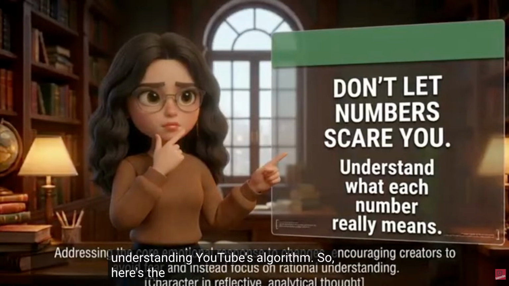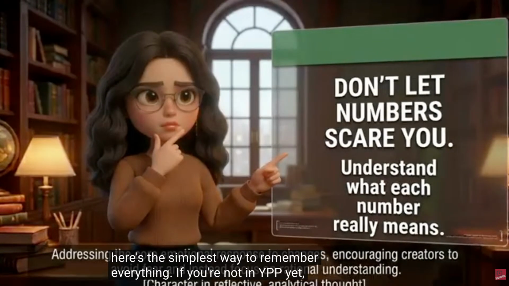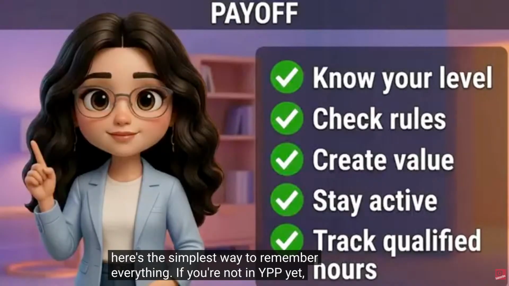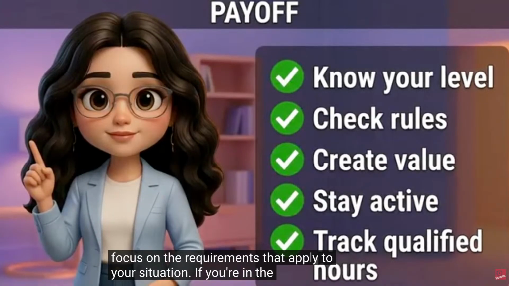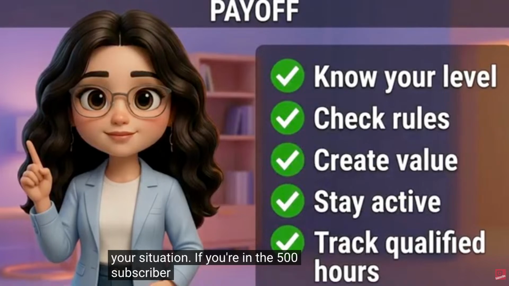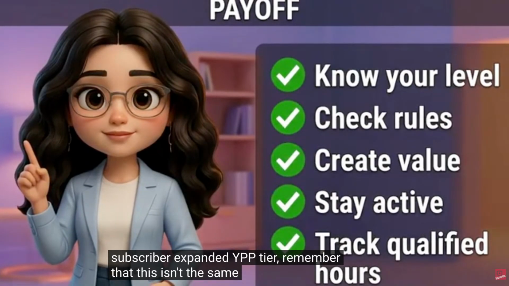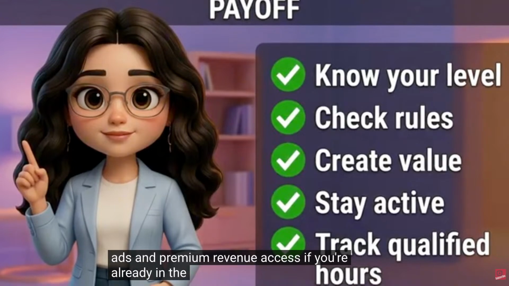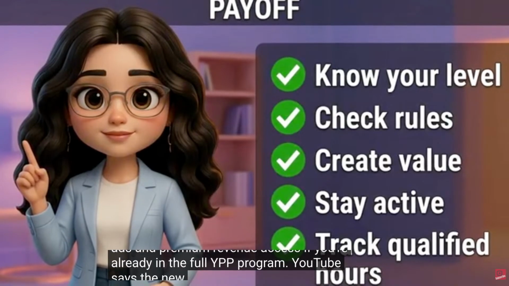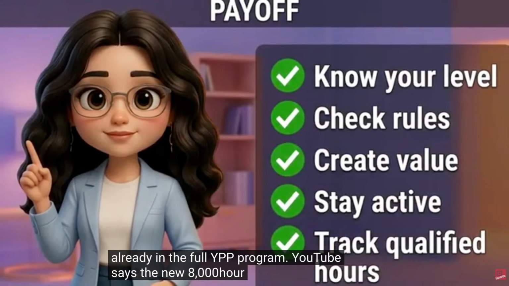So here's the simplest way to remember everything. If you're not in YPP yet, focus on the requirements that apply to your situation. If you're in the 500 subscriber expanded YPP tier, remember that this isn't the same thing as full ads and premium revenue access. If you're already in the full YPP program, YouTube says the new 8,000-hour entry requirement doesn't retroactively change your YPP status.